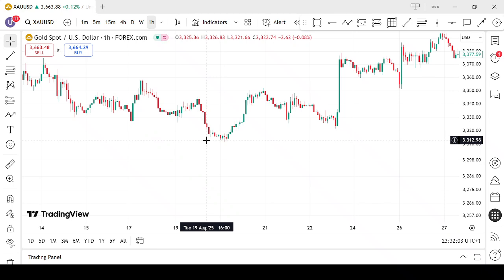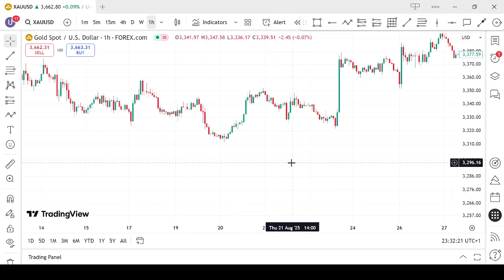The third step would be to analyze gold's price. Successful gold trading depends on your ability to analyze price trends and market conditions. Now, technical analysis focuses on gold price and tools like support and resistance levels.